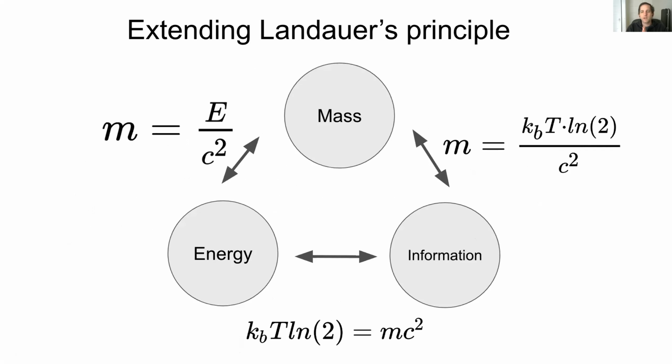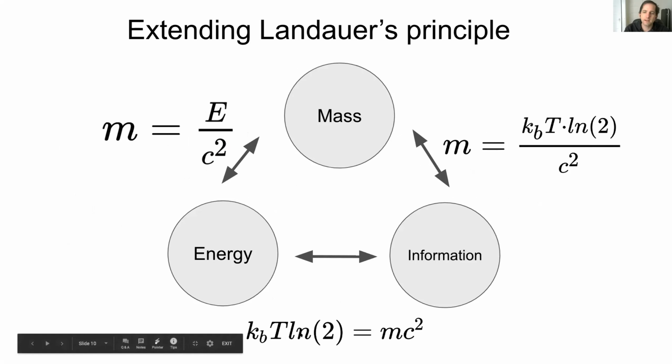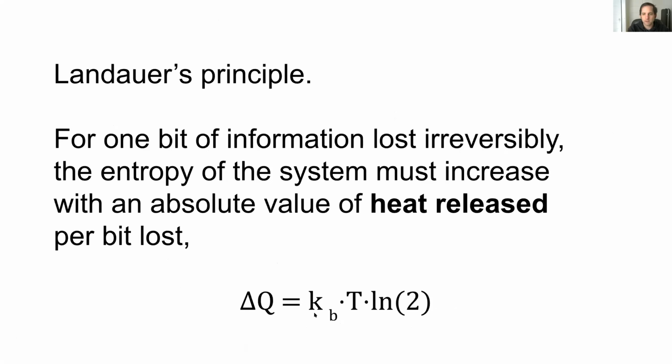And to extend that principle, the author makes the connection of mass and energy being equivalent through the ratio of the squared speed of light, and then information and energy being equivalent through that change in energy that we just pointed out here.